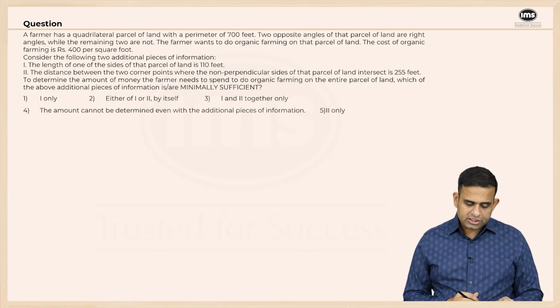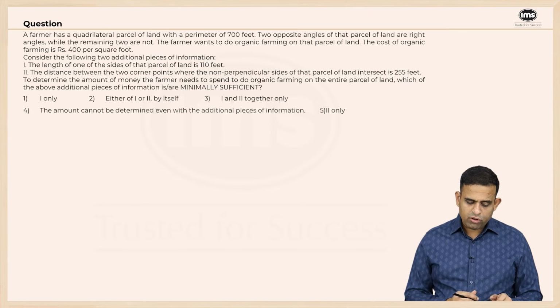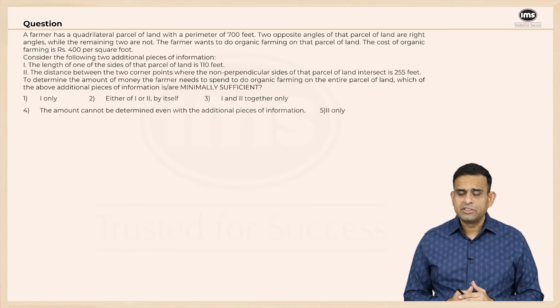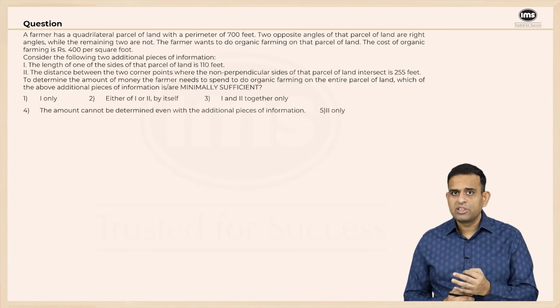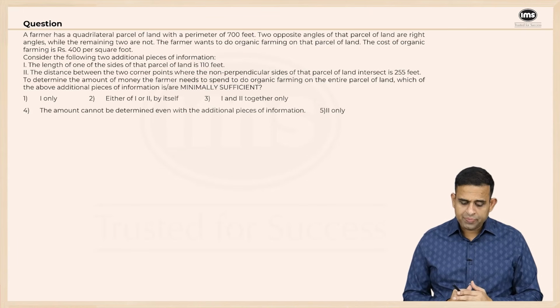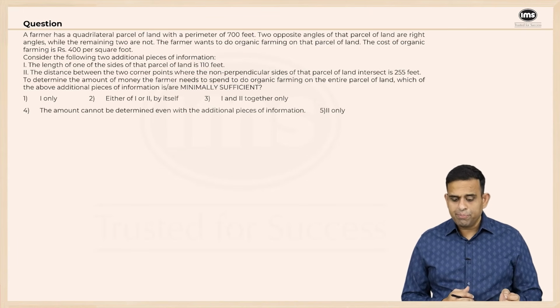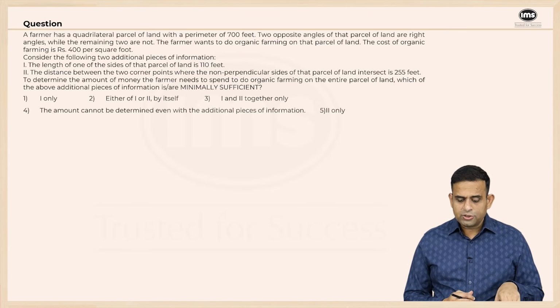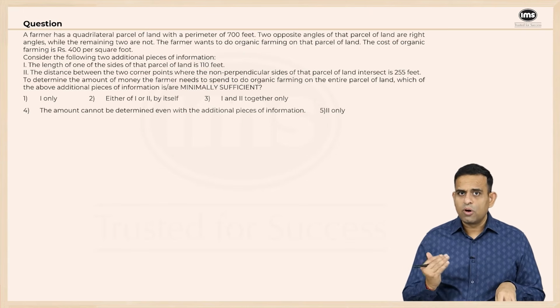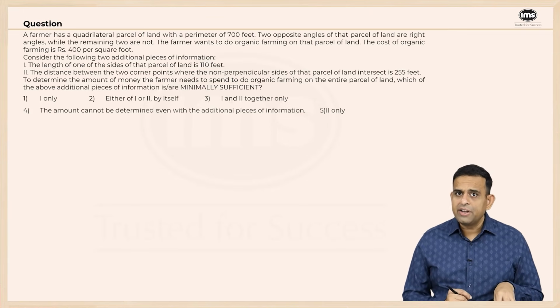So in this particular case, if I don't read the two statements, first of all, what we can say from the first sentence is the sum of the four sides will be equal to 700. The second part is very important. The two opposite angles of that land parcel are right angles. It simply means the sum of the opposite angles of the quadrilateral will become 90 plus 90, 180.